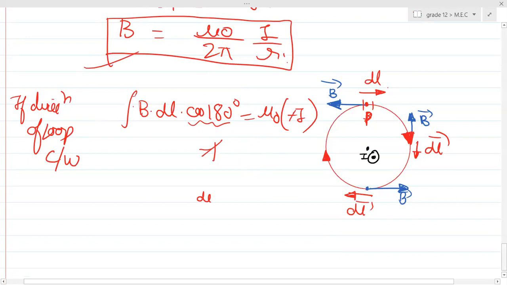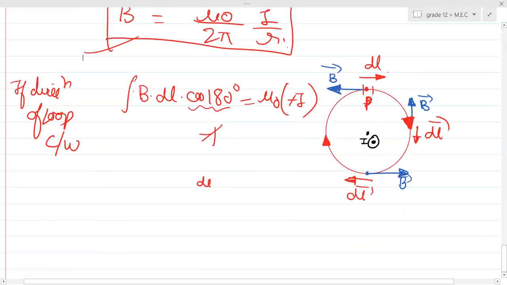But according to our convention, if you choose the clockwise direction, then your thumb is pointing towards the screen, right? Whatever is going into the screen is positive, and whatever is coming out of the screen is negative. So that's why we took it as negative.